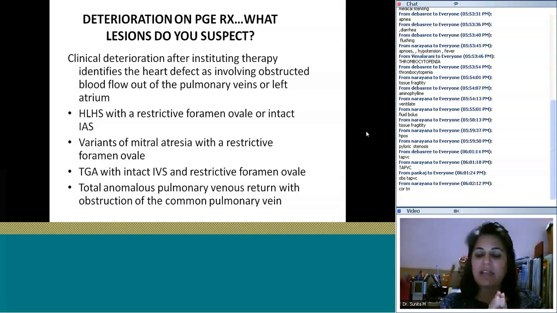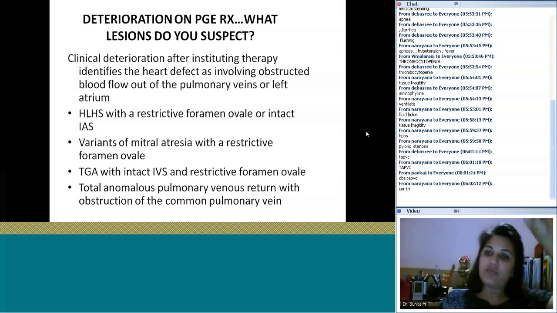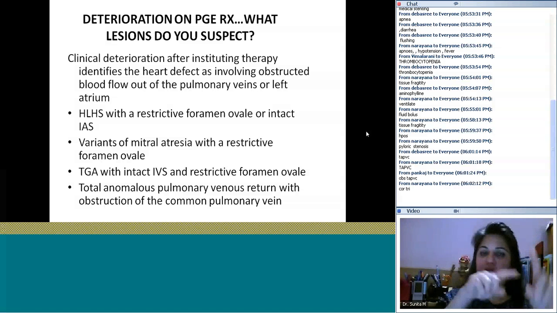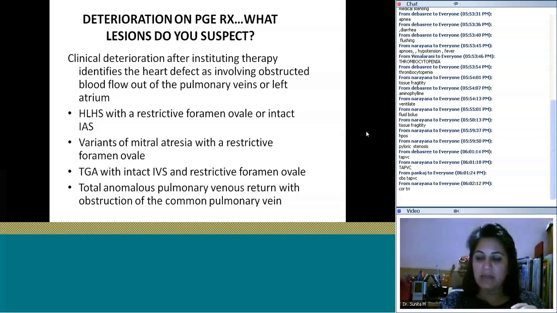You see, we always talk about prostaglandin being used in transposition of the great vessels with an intact IVS, right? That is the third lesion I gave you in the beginning. And what does prostaglandin do? It increases the blood going from now aorta is blue blood, right, to pulmonary artery. That blood comes back where? To left atrium. Now that left atrial blood is pink blood. That pink blood must go out through the ASD, through the RV and out through the aorta.